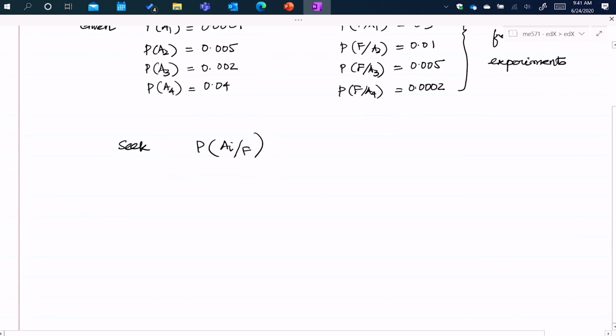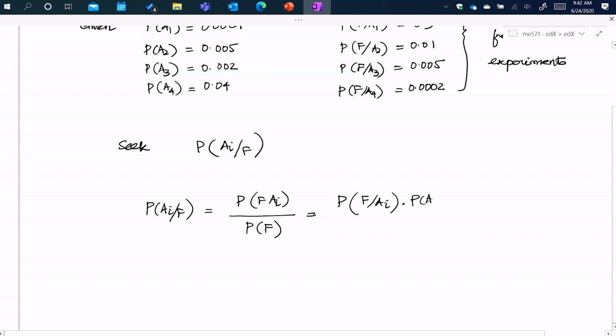In order to obtain this, we would need to use the general statement of Bayes' theorem, which states that probability of Ai given F is probability of F and Ai divided by probability of F, because the Ai are mutually exclusive events. So in this case, we will assume that the Ai are all mutually exclusive. So by Bayes' theorem this is probability of F given Ai times probability of Ai divided by the summation of probability of F and Ai.